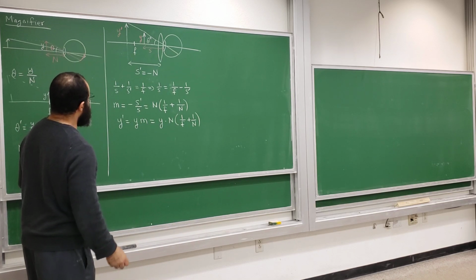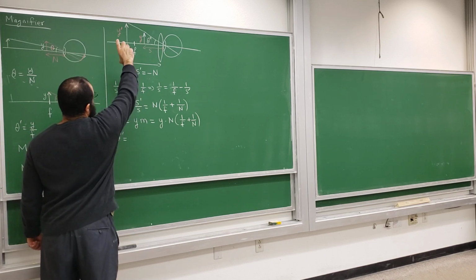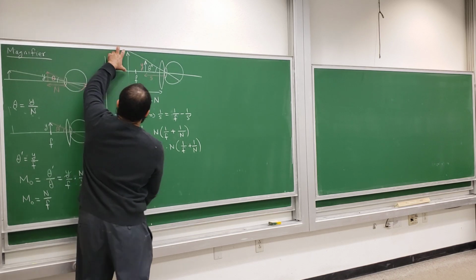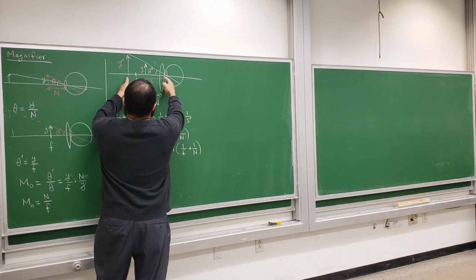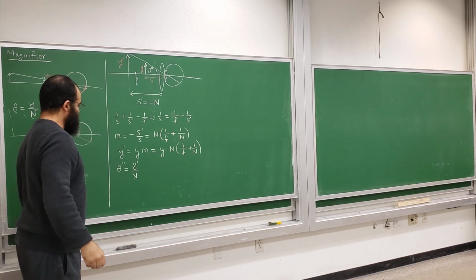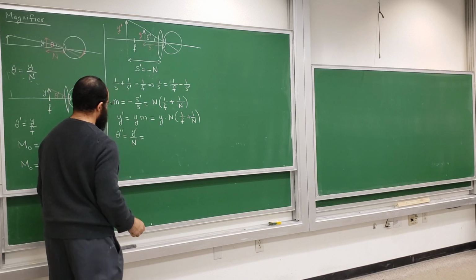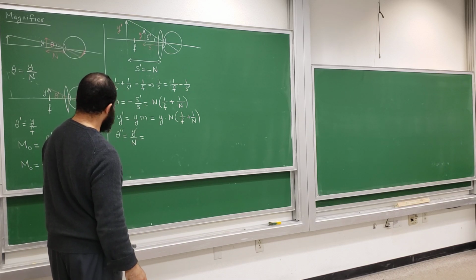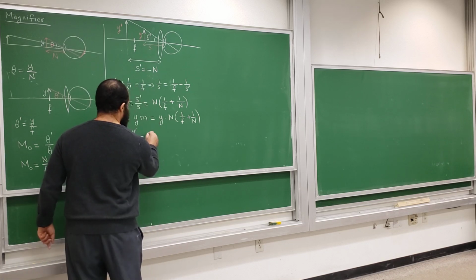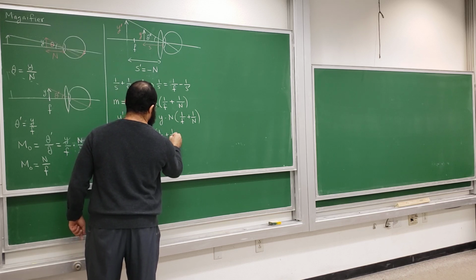Now the angle theta double prime will equal y prime over this distance, so y prime over n. So what is y prime over n? It's y times 1 over f plus 1 over n.